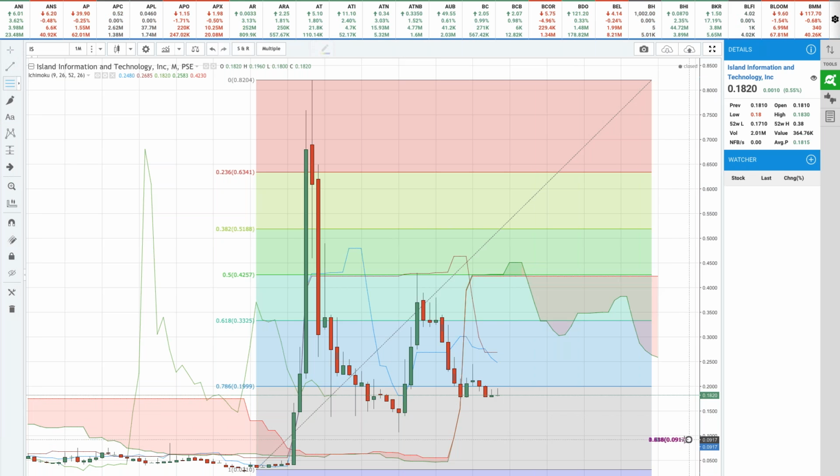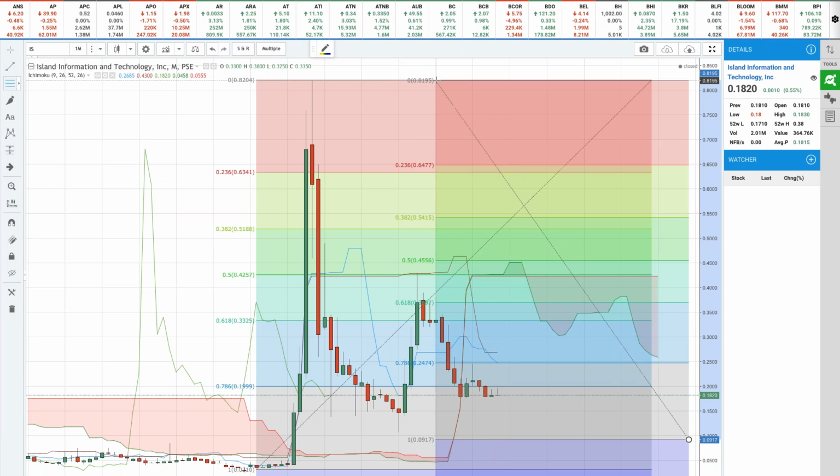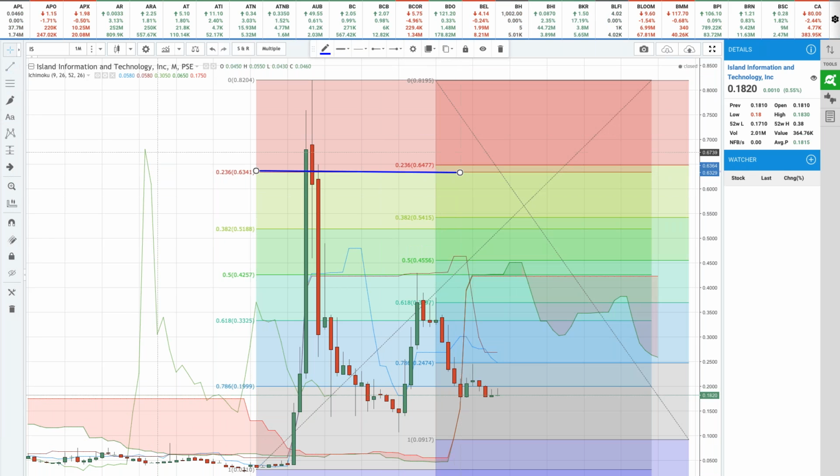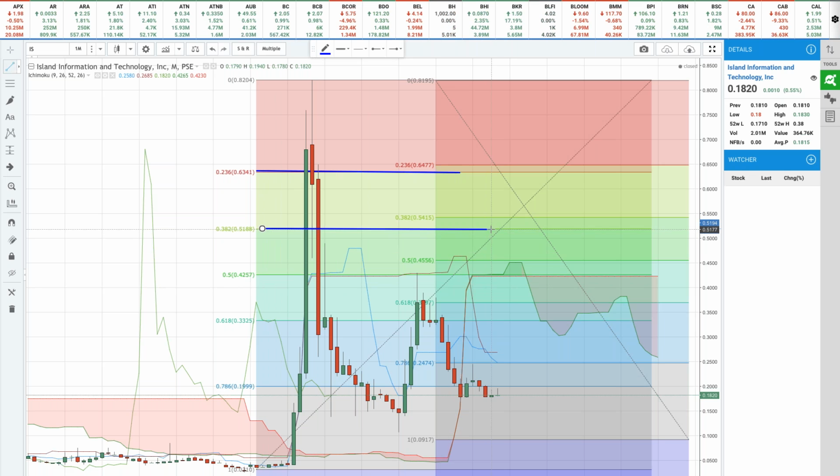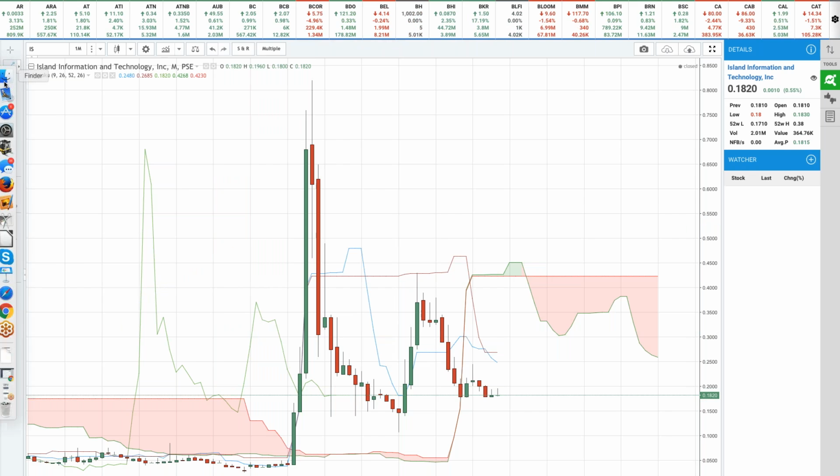If you make a reverse Fibonacci here, you would find that they're very close to each other. 63, 64, 51, 54 for the 38.2. Sorry, I plotted it wrong.